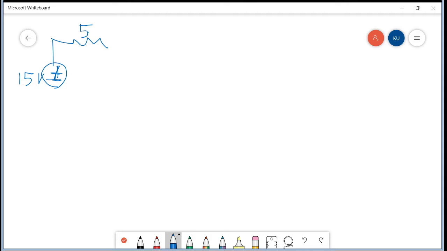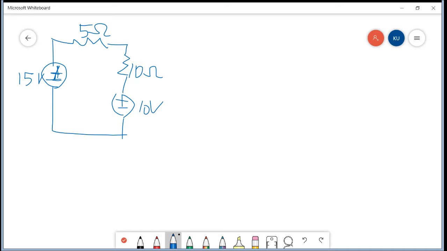This is 5 ohm, 10 ohm, and this is 10 volt. Six ohm, 4 ohm.